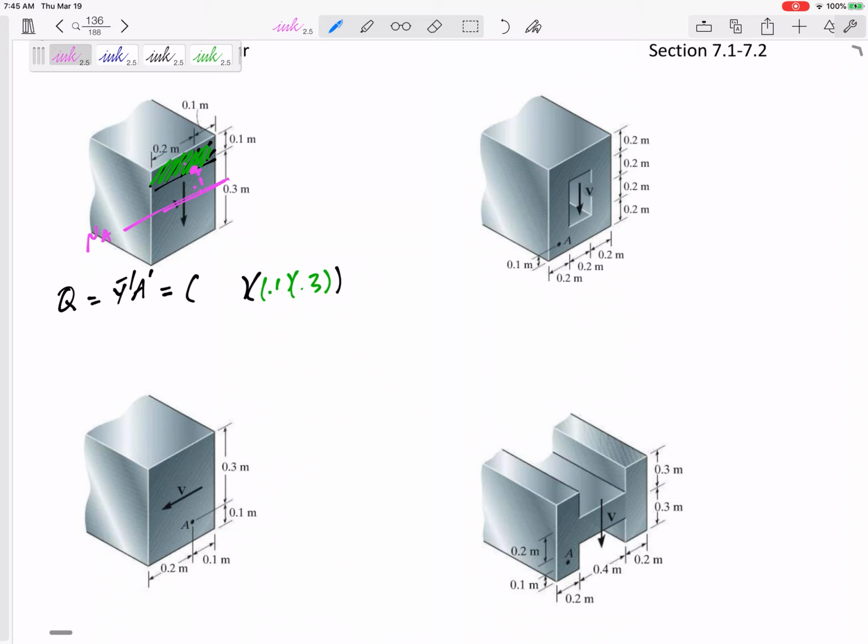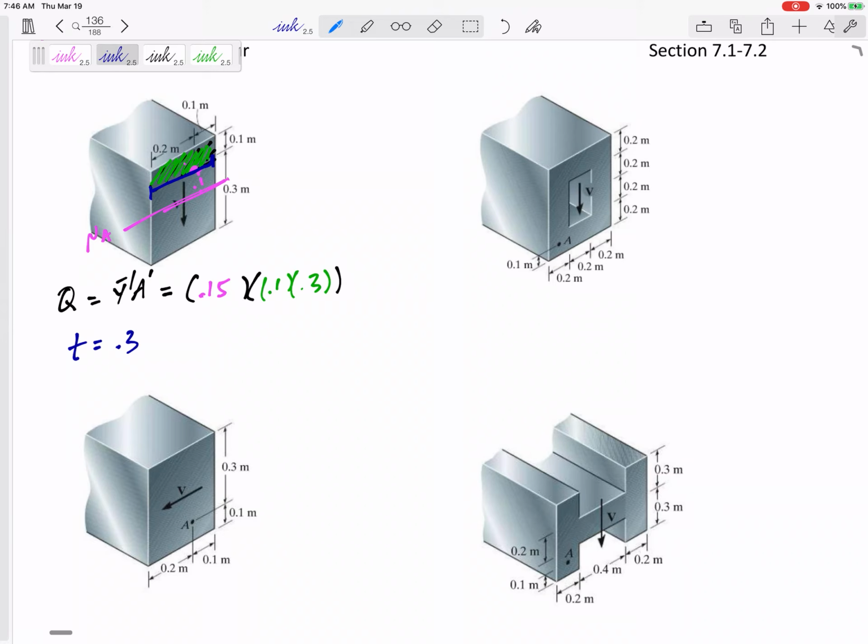So I would need to go 0.15 for my Y bar prime. See that? And then let's just calculate the thickness. The thickness would be that dimension right there, 0.3. So calculating that Y bar prime A prime is the hardest part in this VQ over IT.